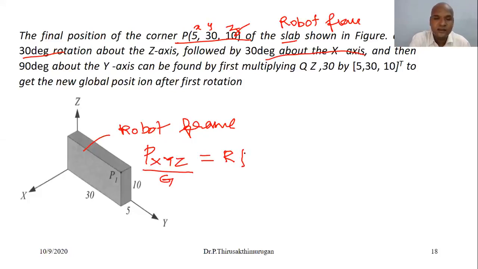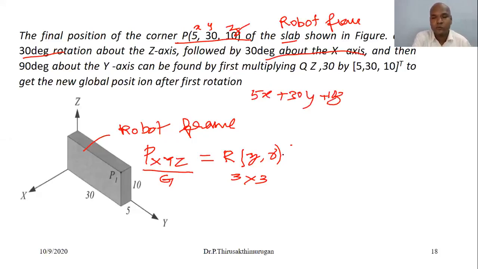First find the rotation about Z by gamma. This is a 3 by 3 matrix. The point given, P, is in vector format, X, Y, Z, that is 5x plus 30y plus 10z.